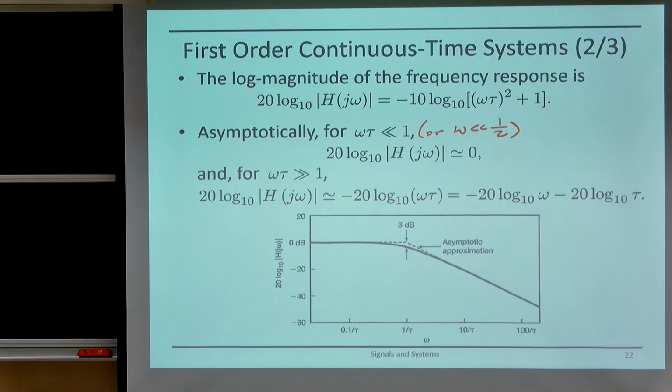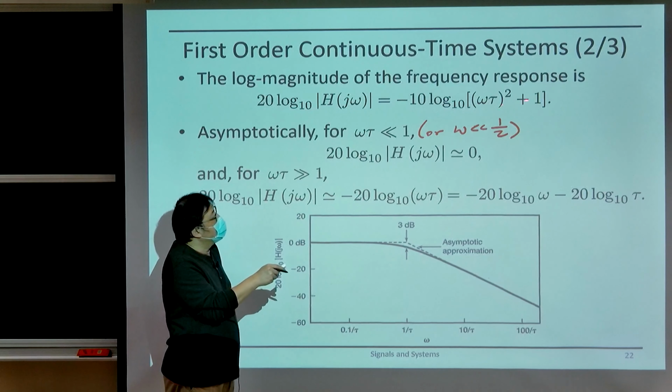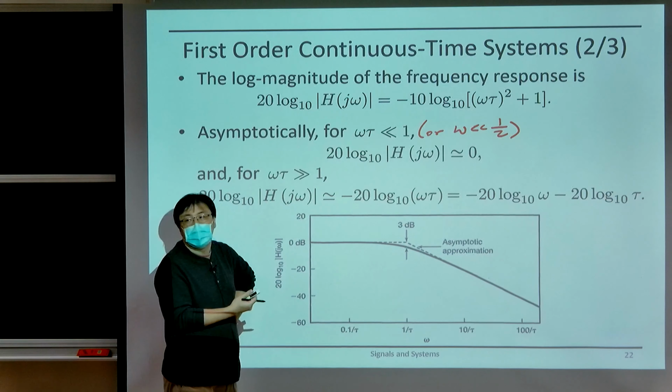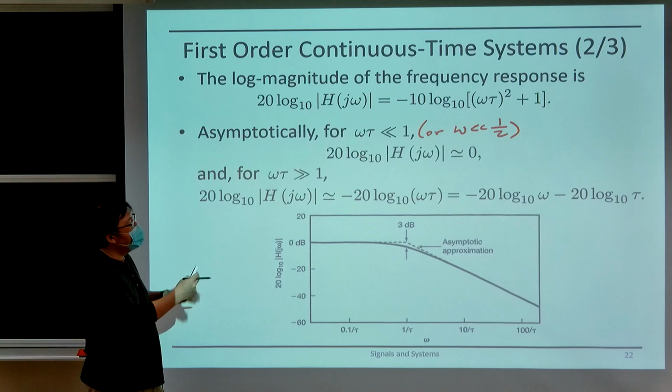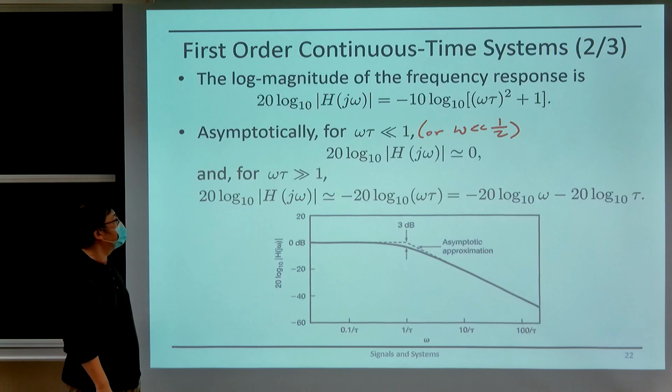Basically, if omega is small, then 1 dominates this term, and log of 1 is just 0. So at low frequency, the magnitude is approximately 0.